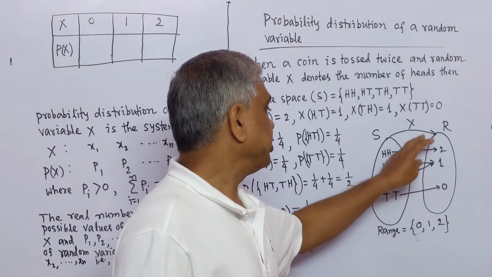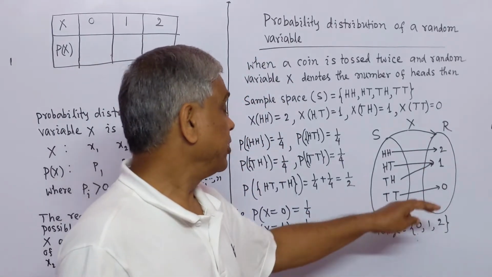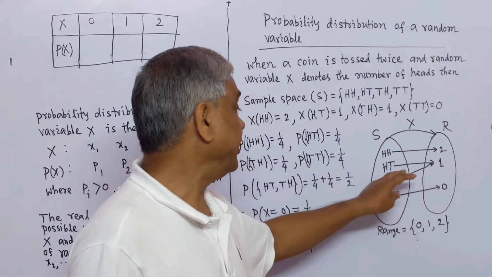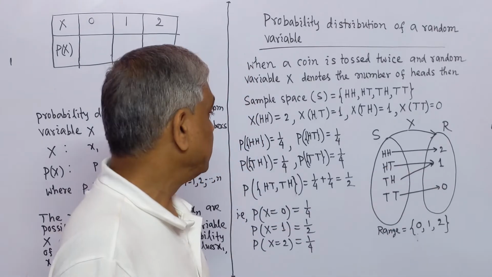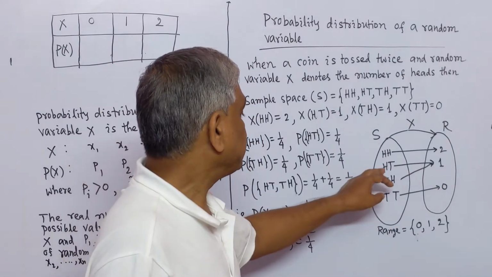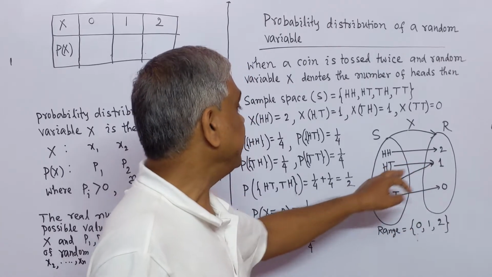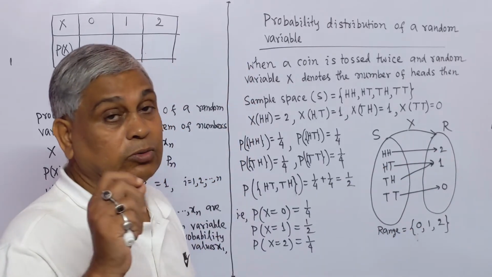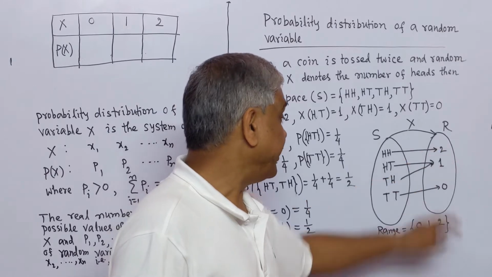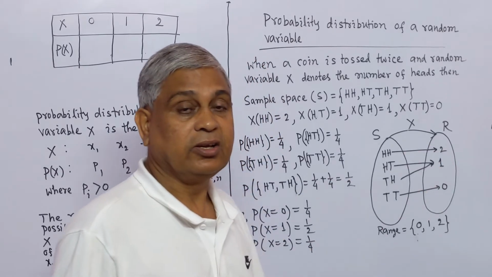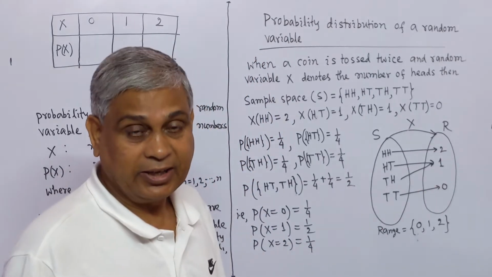Here X equal to 1 means 1 has more than one preimage, so X(HT) equals 1, X(TH) equals 1. Now we want to relate these numbers with probability.